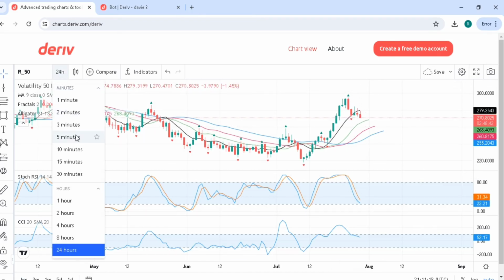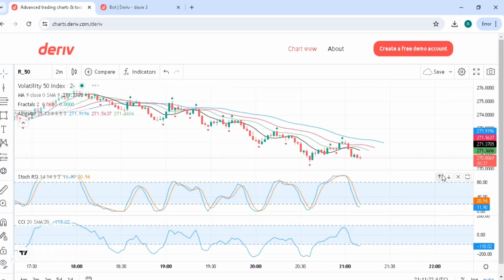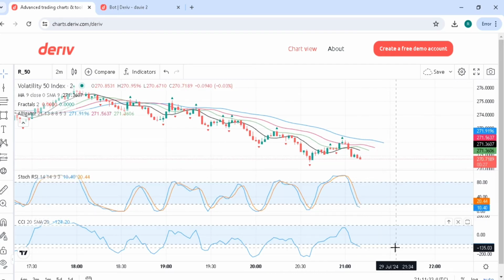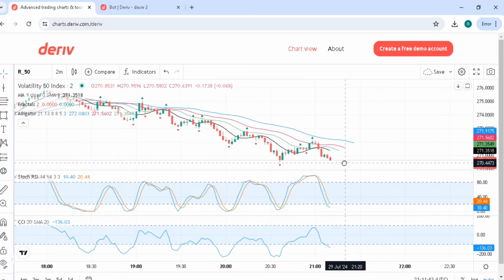So when we come to 2 minutes, we want now to look for a fall market. This market shows that the stochastic RSI is about to reverse and start rising, so we can give it some time. Nevertheless, I can use it maybe to say something else.